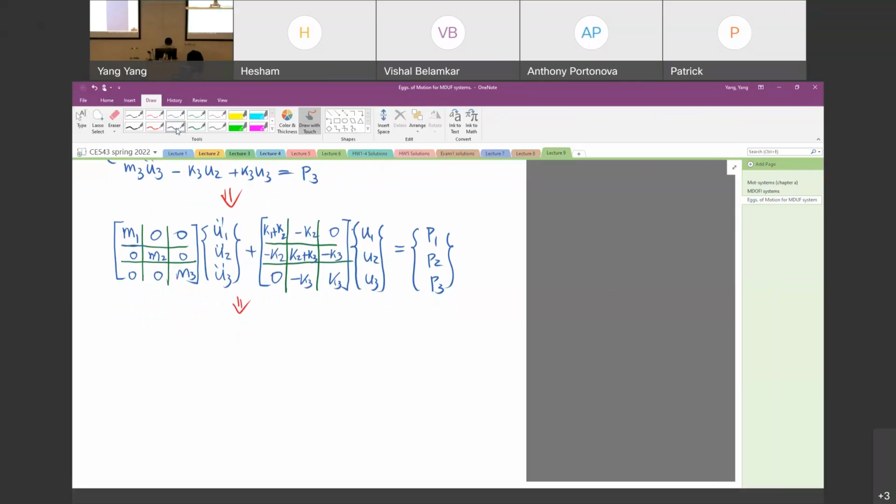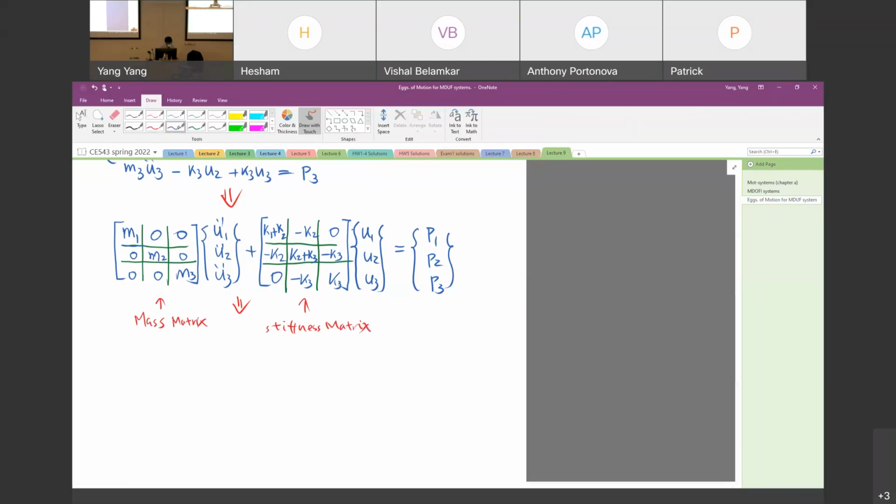So now we just combine, and this is called the mass matrix, and this is the stiffness matrix.